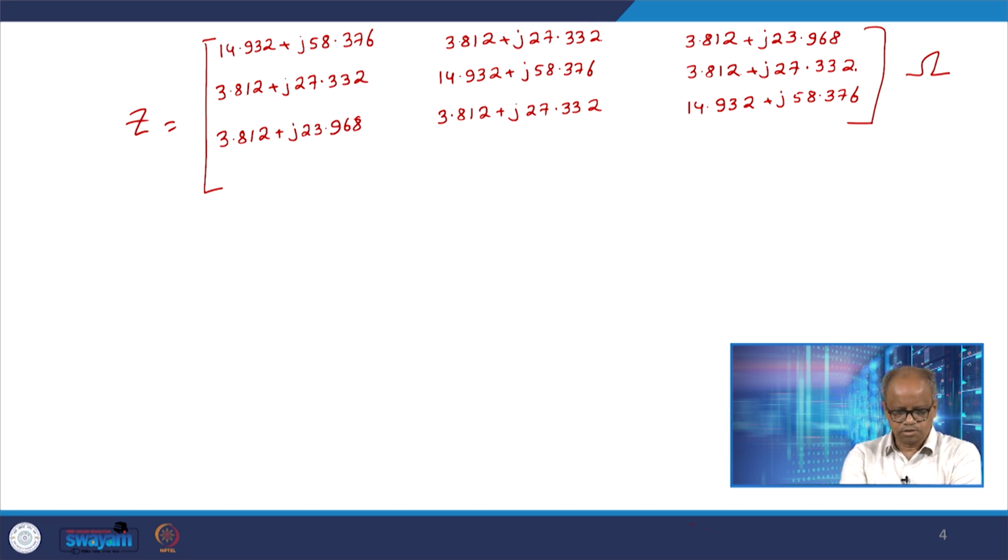Now, what happens? So, this is the Z matrix. Now please note one thing. I do have one 3-phase transmission line, let us say.